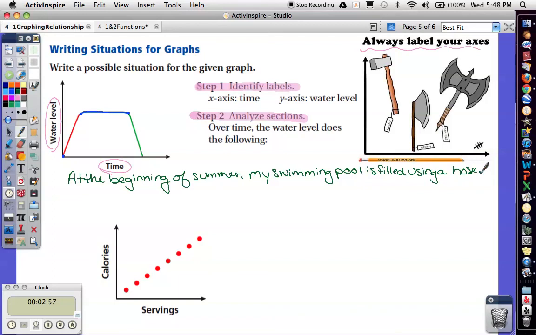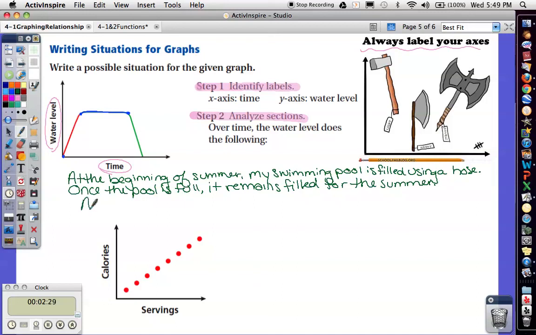I'm putting it in at a steady rate. It's increasing steadily. Once the pool is full, it remains filled for the summer. And then you know what?